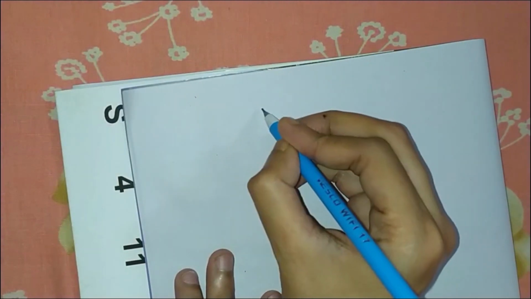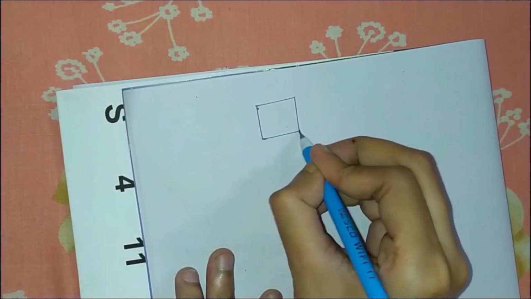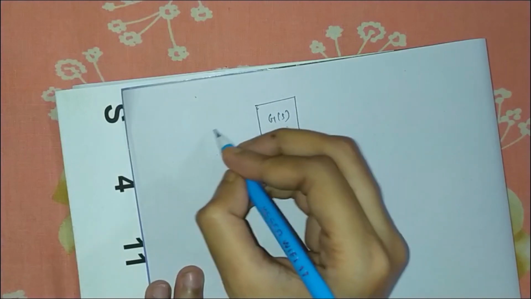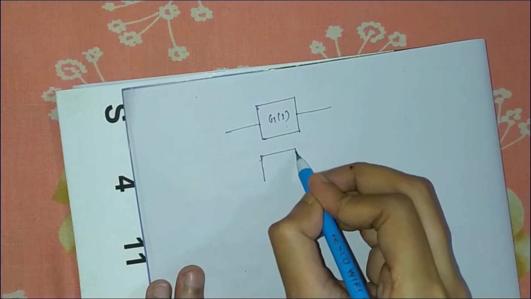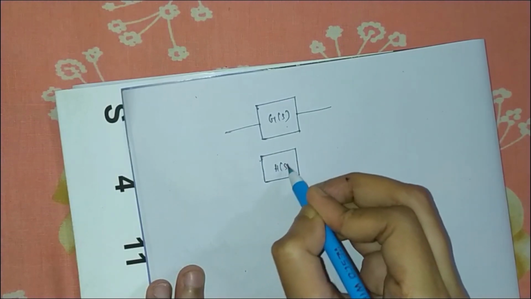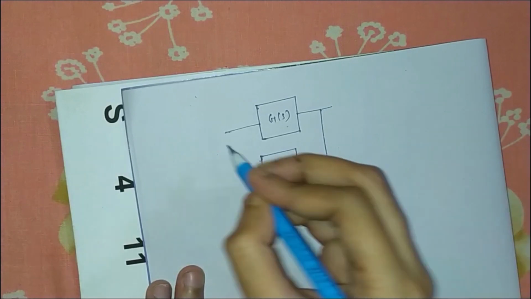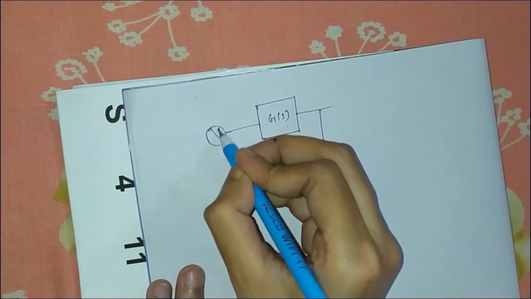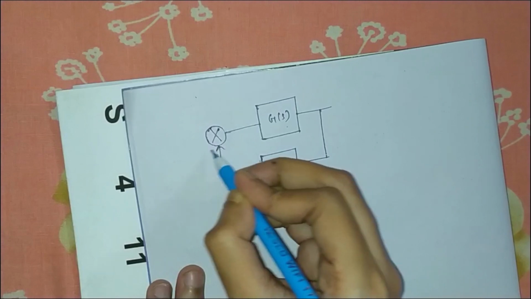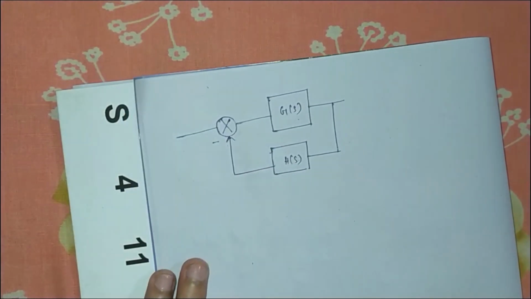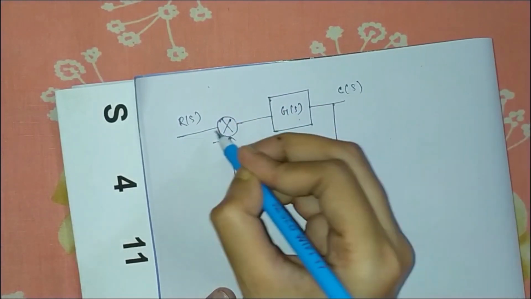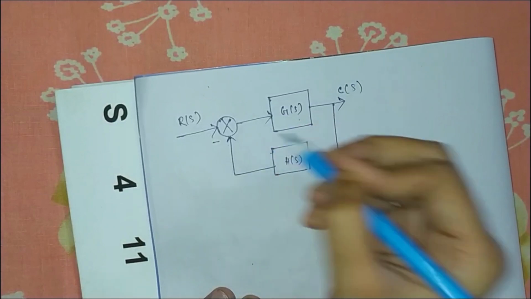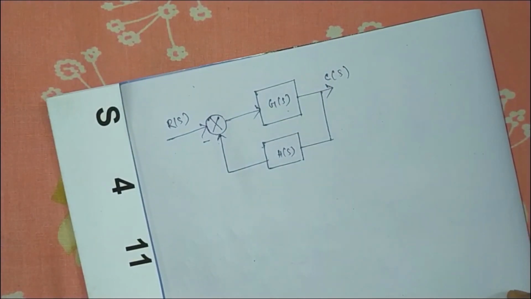Okay, so let us assume a closed loop system. This is my G of S, the main system, then this is my H of S, which is my feedback loop gain or the sensor. This is the summing block, and this is negative feedback. This is my input, this is my output.